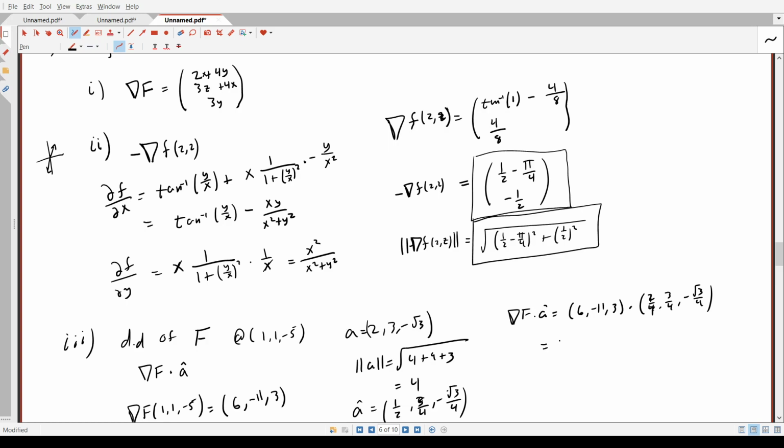So that gives me 12 over 4 minus 33 over 4 minus 3 root 3 over 4. 22 minus 33, that's minus 21 over 4, and that's my answer.